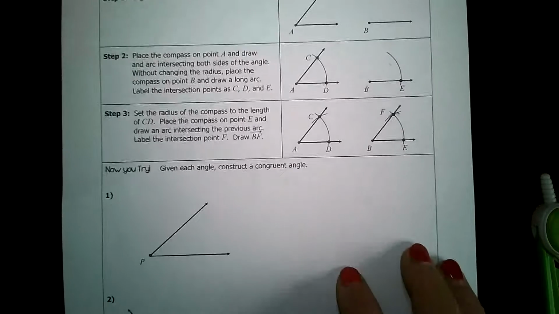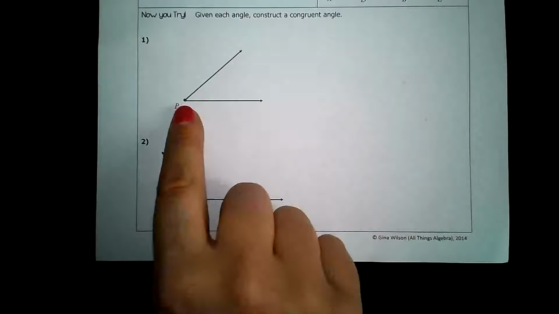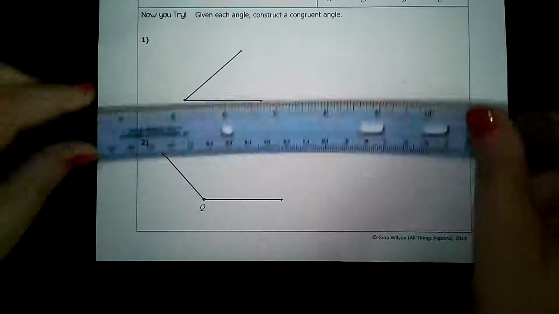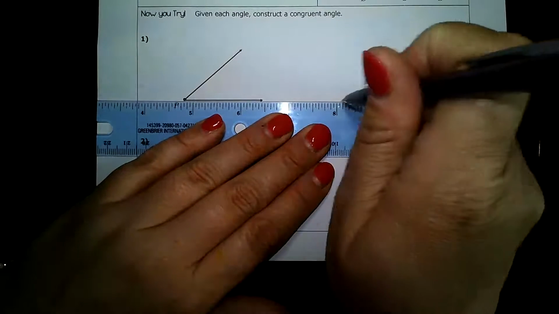All right, so let's practice. We have one acute angle and one obtuse angle to practice on. All right, so we have angle P here. Step 1 is to, in some open space, draw another ray.